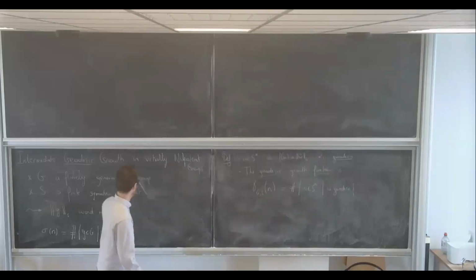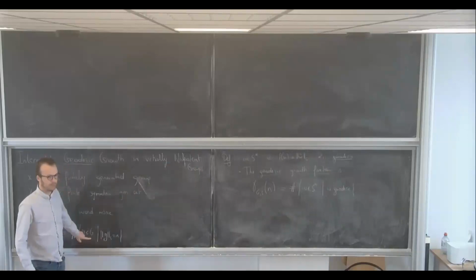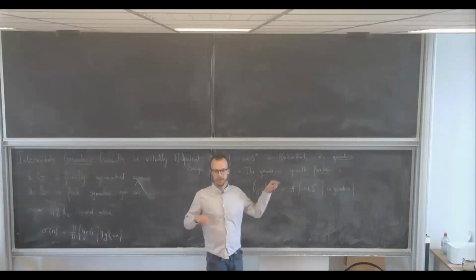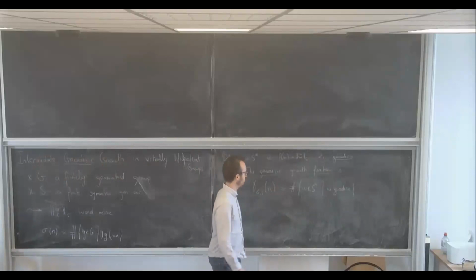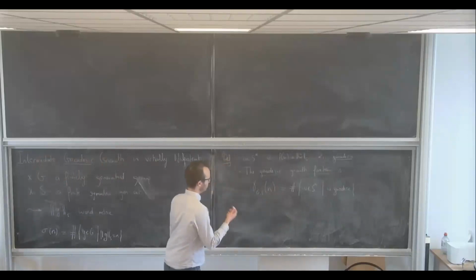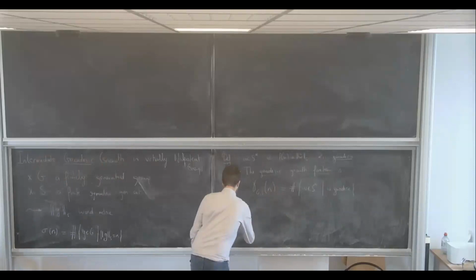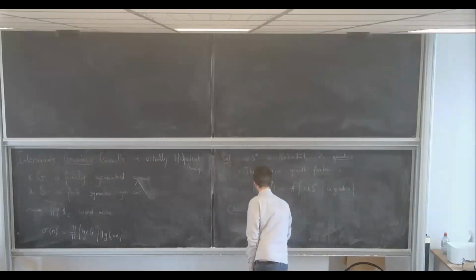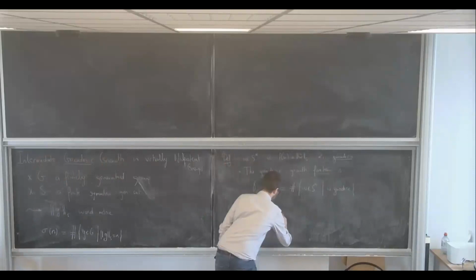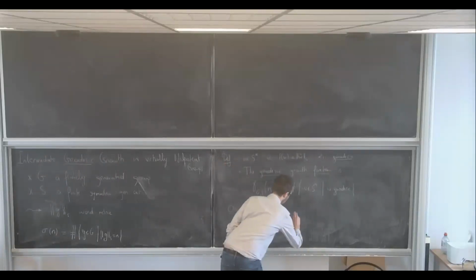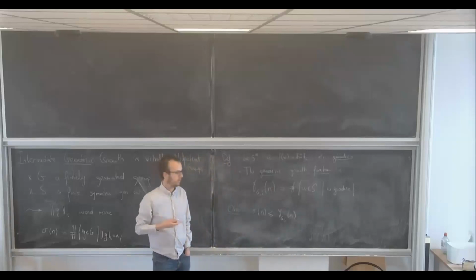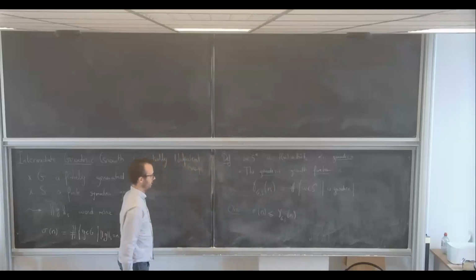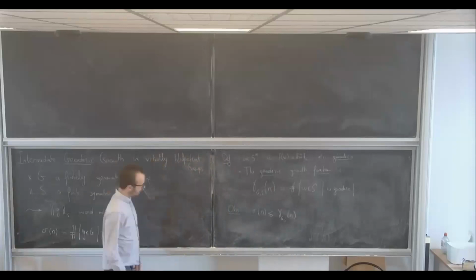Another way to think about this is you count elements, but instead of putting weight 1 on each element, you put as weight the number of geodesics that link this element to the identity. So in particular, a small observation is that the standard growth function is a lower bound on the geodesic one, because each element has at least one geodesic. So when you count all of the geodesics, you count at least one for each element.